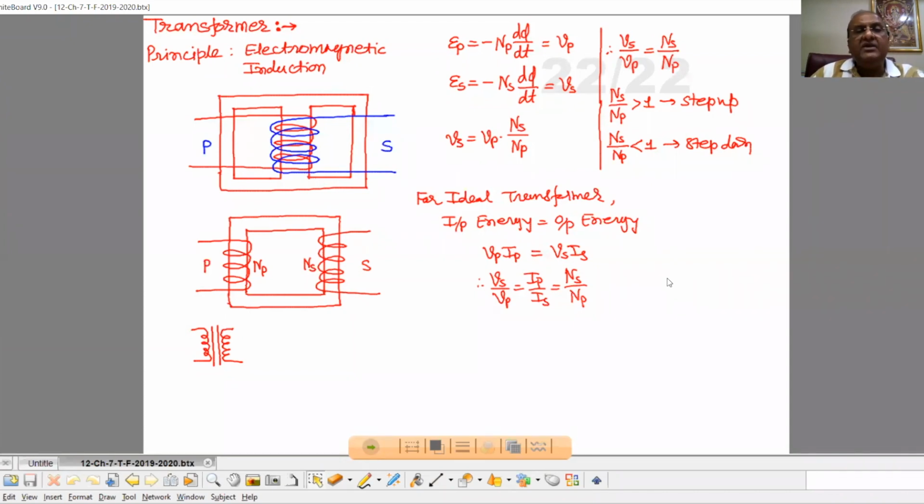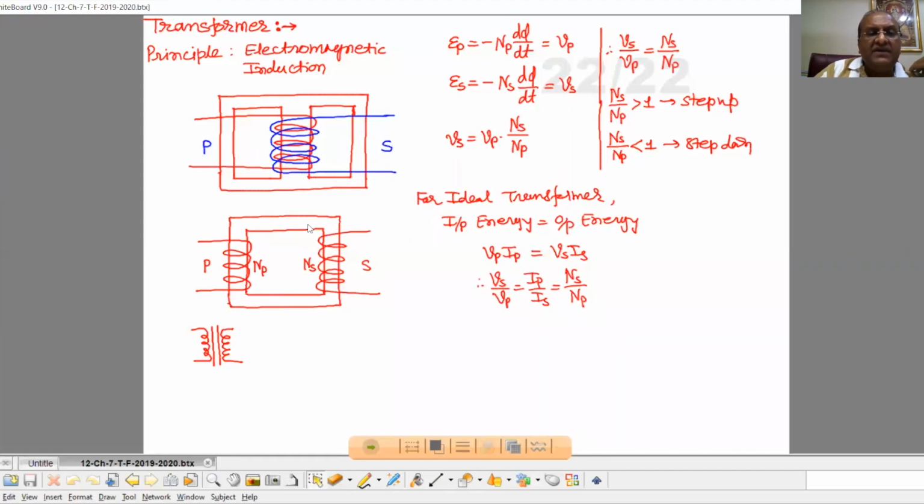Now this particular device, transformer, works on the principle of electromagnetic induction. Now its construction. Suppose, as shown in this figure, sometimes this type of shape of the core, which is made of soft iron, is taken.